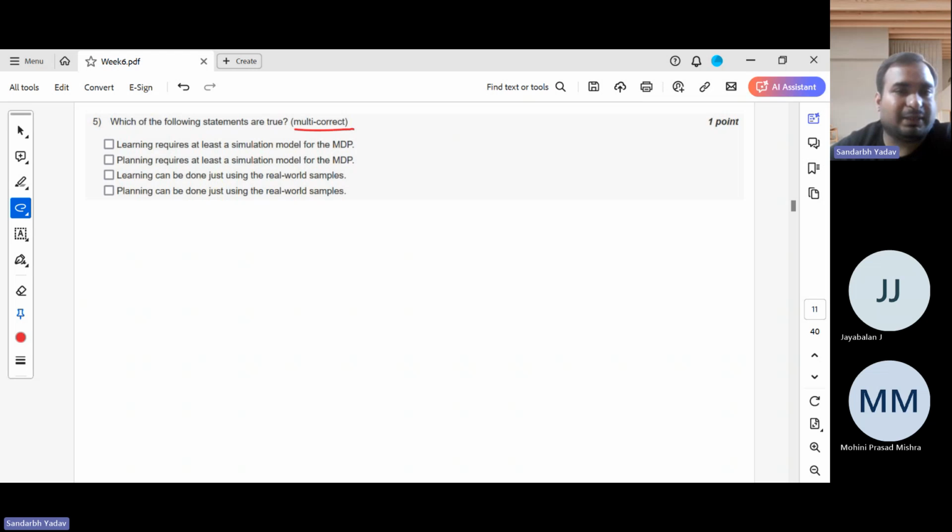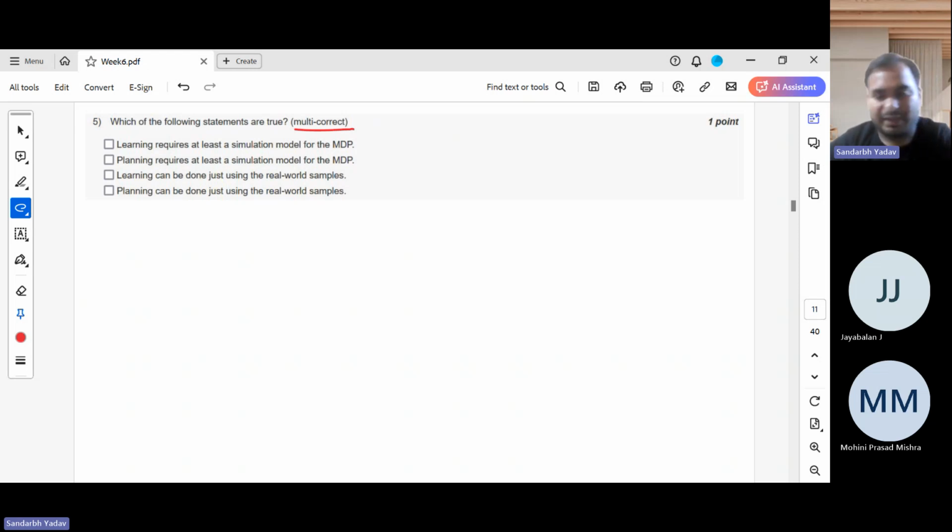In planning, if you forget about RL and consider general planning, like how human beings plan, you basically imagine the possibilities in the future, what could be the possibilities, and on the basis of that you take some decision. This possibility, maybe its chance of happening is higher, so you assign greater weightage to that one, aggregate them and take some decision.